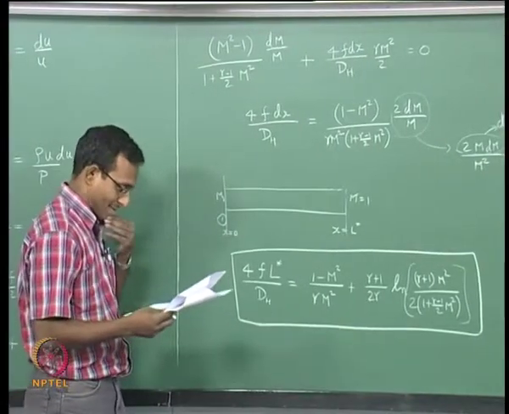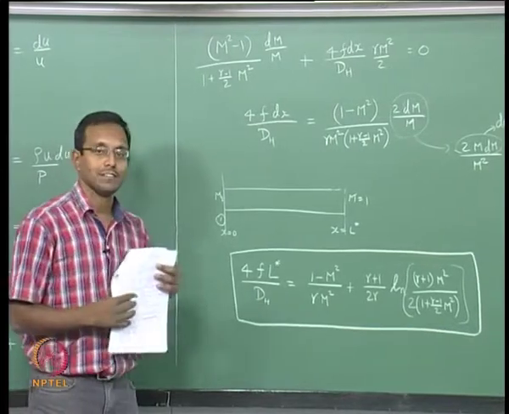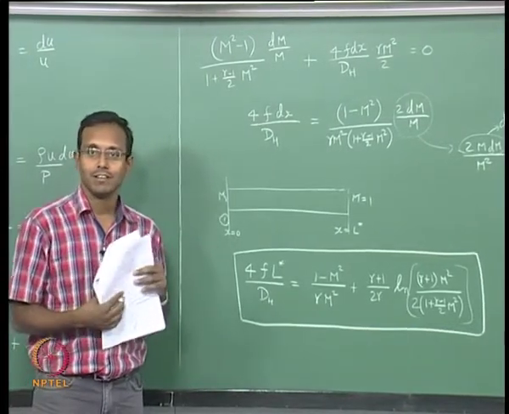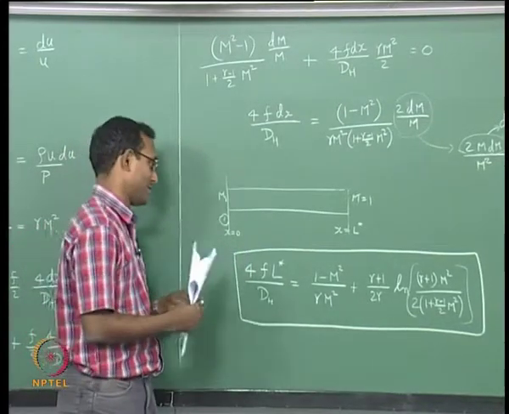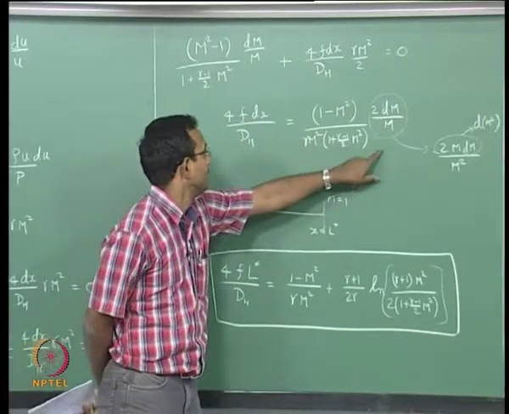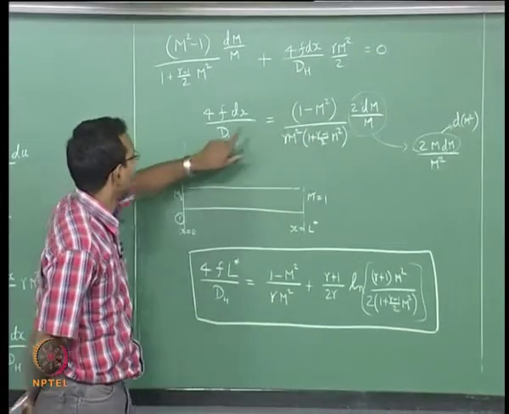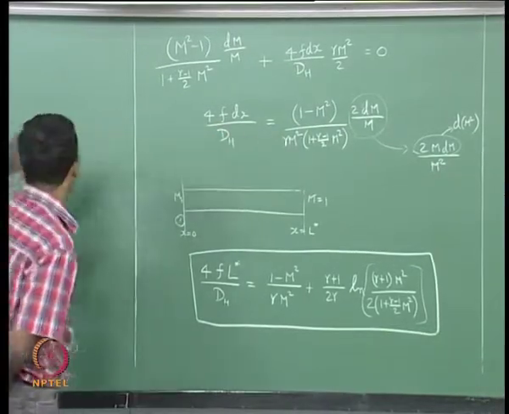Now, once I have this relation, I can get other variable changes, but I will do the basic simple math way to get the other variables, which will be, I will take this dM by M and replace dM by M in terms of dx in all the other equations.